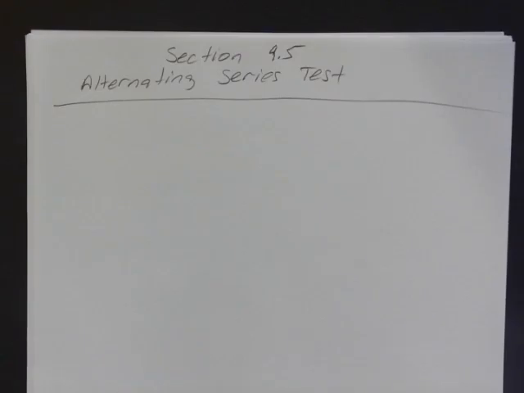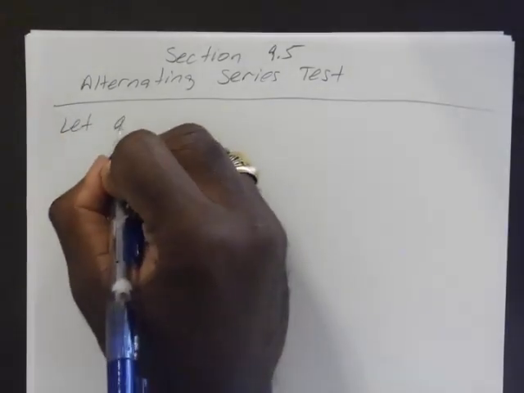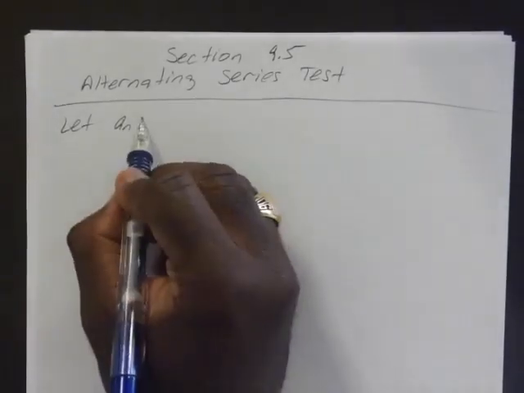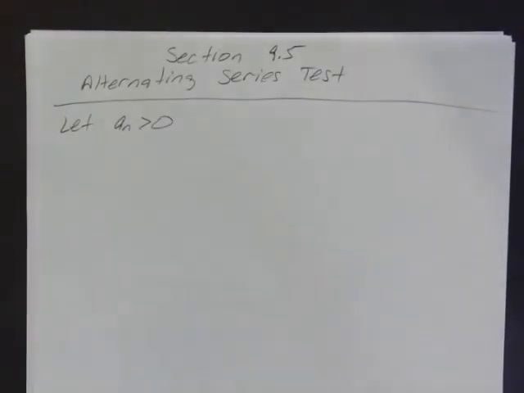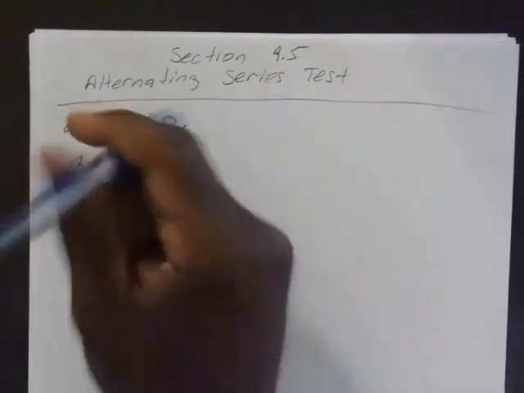But with the alternating series test, let's say we let a sub n be a series that's greater than 0. Okay, now with the alternating series test, we'll make that capitalized.